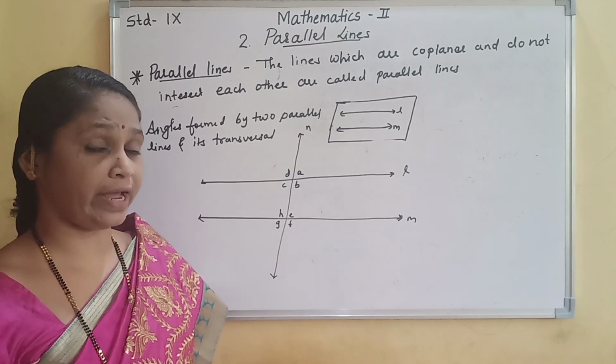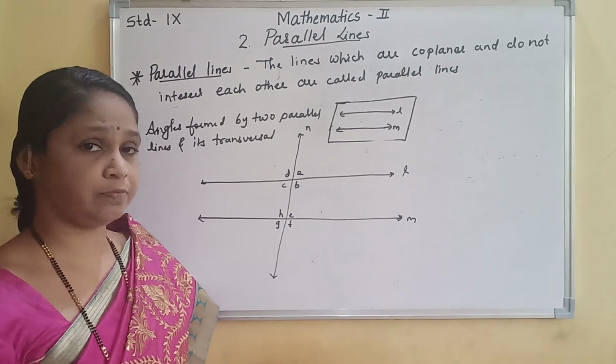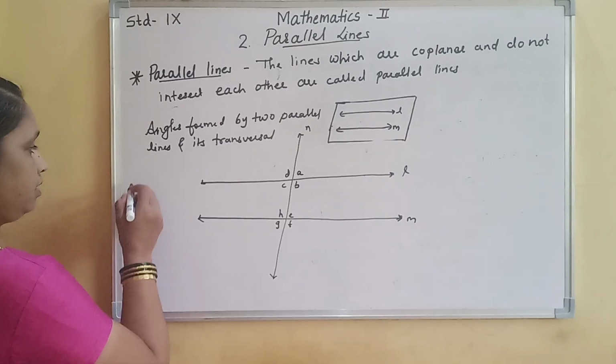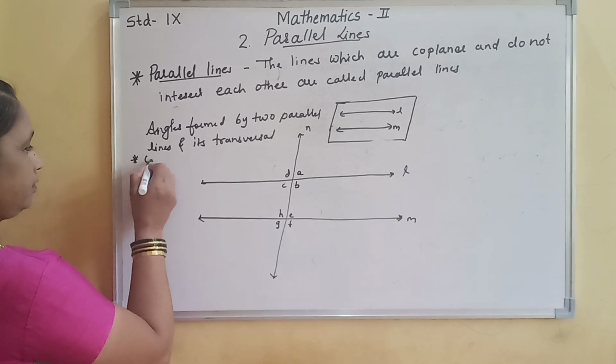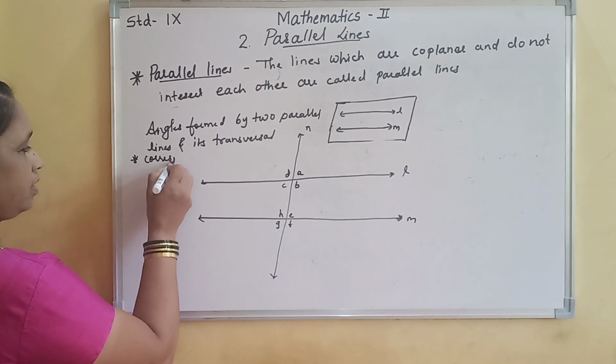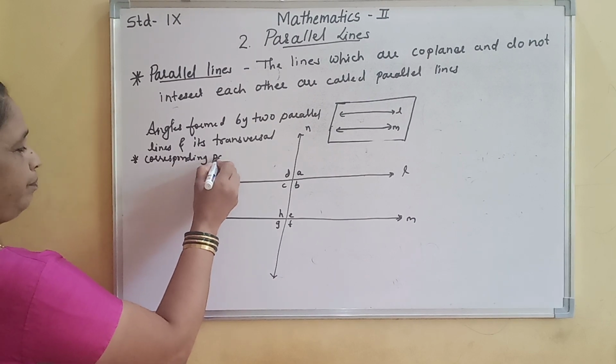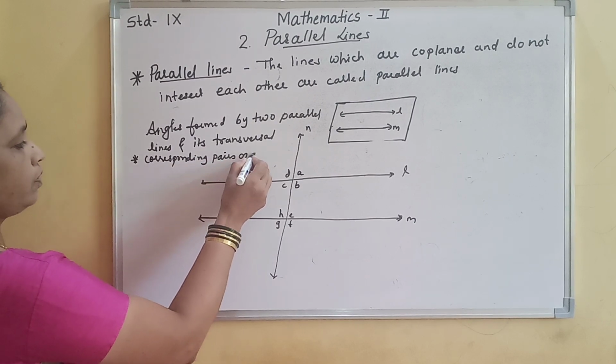Now which types of angles are formed? Here 8 pairs of angles are formed. The first one is corresponding pairs of angles.